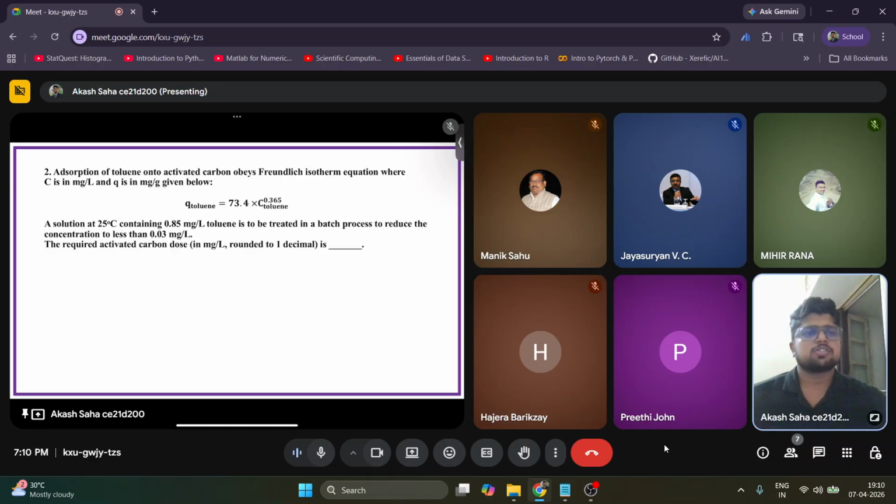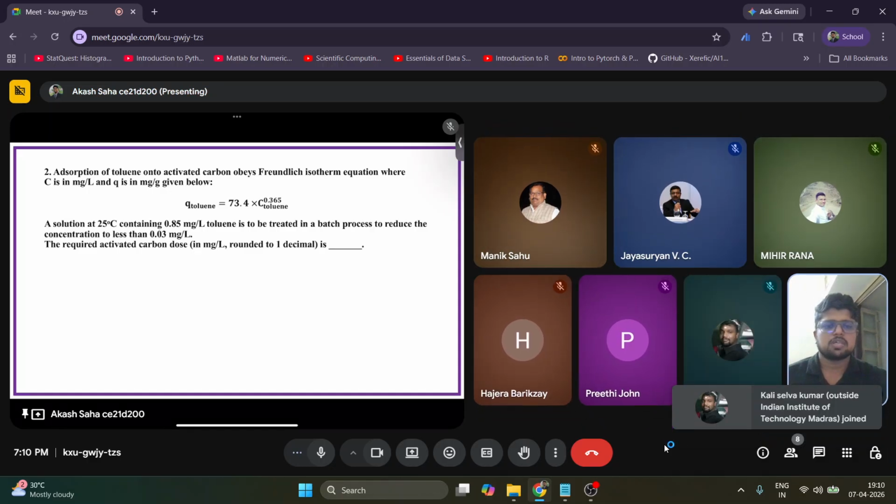We have different isotherms: Langmuir isotherm, BET isotherms. What do they tell about the adsorption process? We have an equation here. So what does this equation signify?